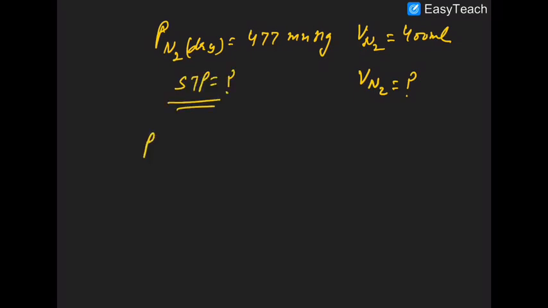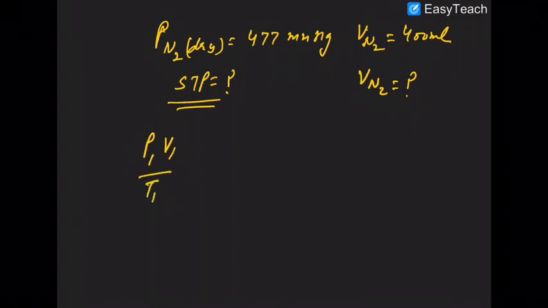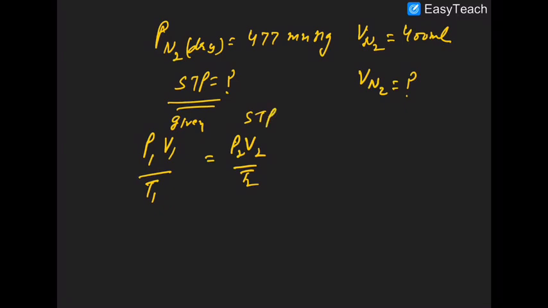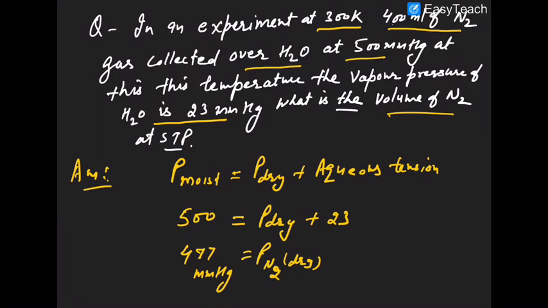So you will write P1 V1 / T1 at given condition equal to P2 V2 / T2 at STP. So what is the given condition? Pressure is 477, volume is 400, T1 is 300.